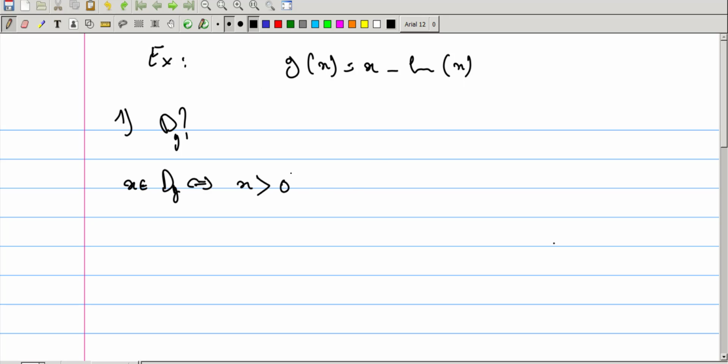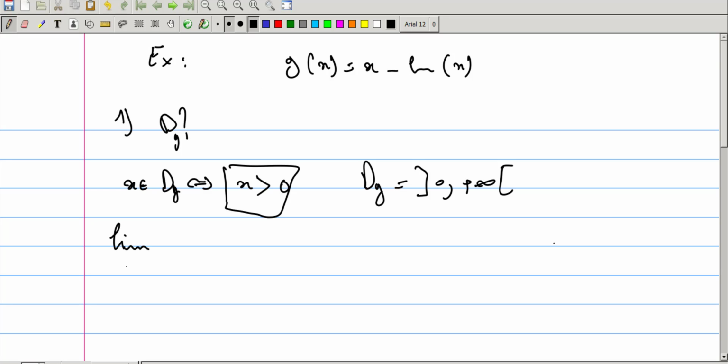We check this condition, and we have no other conditions, so the domain of g equals 0 to infinity. So good. Now we are going to calculate the limits.